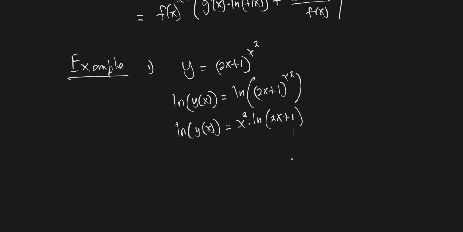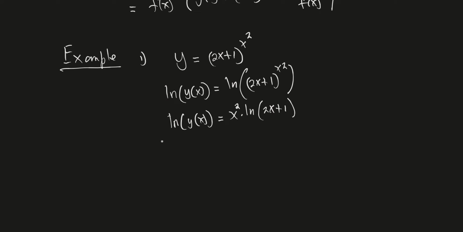Now we're going to differentiate implicitly. So when we differentiate both sides with respect to x, what do we get? Well, the derivative of the ln is 1 over the y of x, but then the chain rule says I have to multiply by the derivative of what's inside. That's dy dx. And then on this side, do our product.